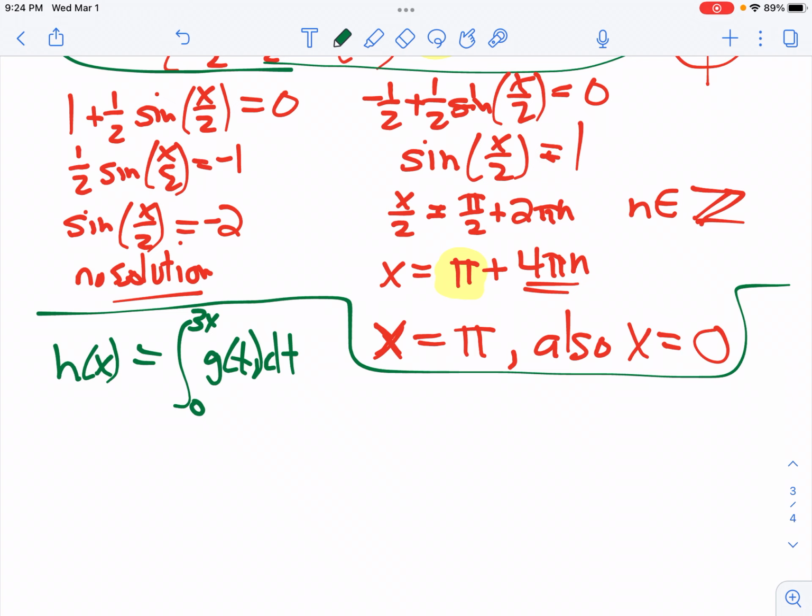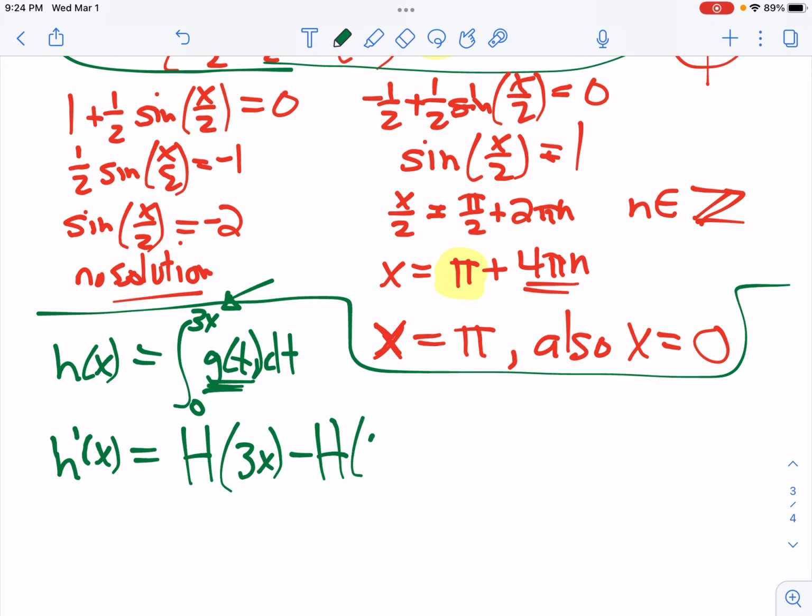Okay, so I'm just going to follow the rules here and take the derivative of h of x. And when I take the derivative of an integral, I just get that function in the integrand with the upper limit. I'm going to call it big H of 3x minus big H of 0, where big H prime of x equals g of x.